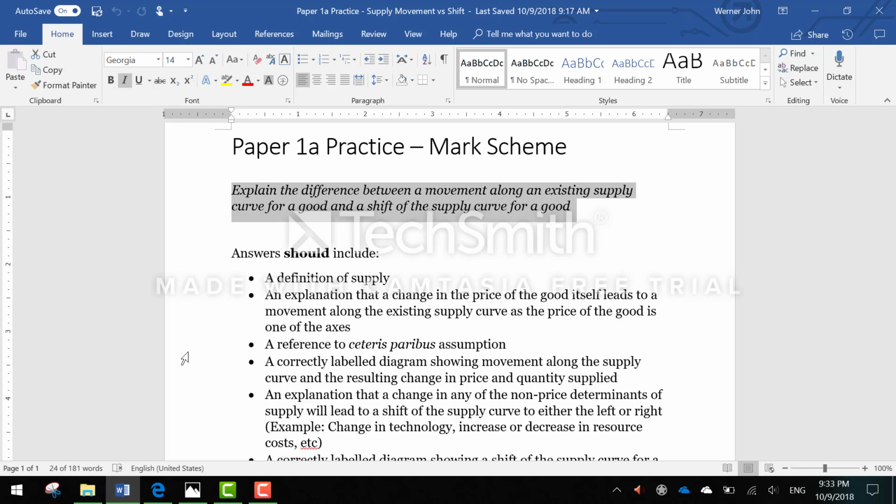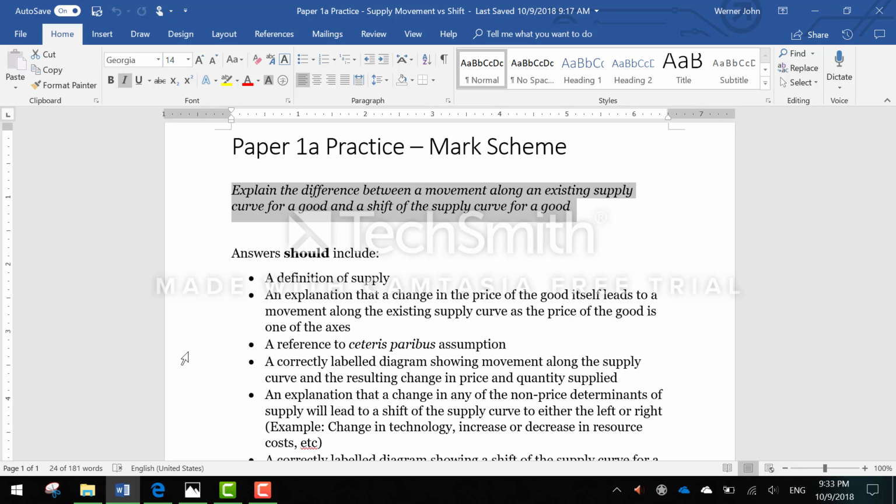So here we go. Answers to the question about movement along the supply curve versus shift of the supply curve. We say answers should include a definition of supply, an explanation that a change in the price of a good itself leads to a movement along the existing supply curve, because the price of the good is one of the axes, specifically the y-axis.